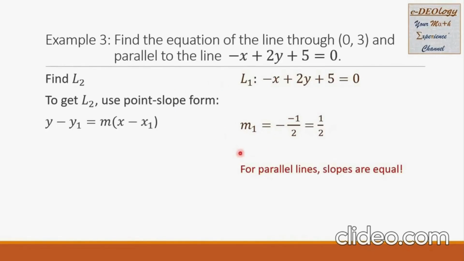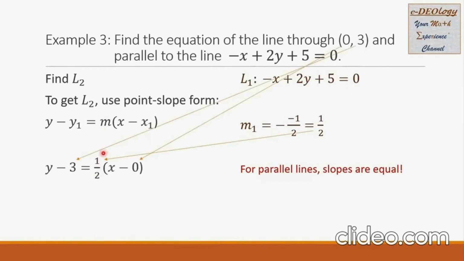And we know that parallel lines have equal slopes. So the slope of line 1 is the same slope for line 2. It means to say, we can now use our point slope form. There is a point given, the 0, 3, and we have now the slope, and we will use the m sub 1, which is 1 over 2.